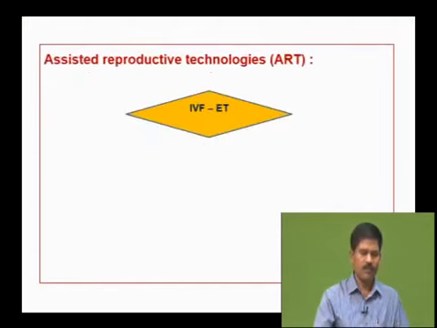Then there are methods to assist these infertile couples to have children. The methods which are used to assist infertile couples to have children are called assisted reproductive technologies, abbreviated as ARTs.